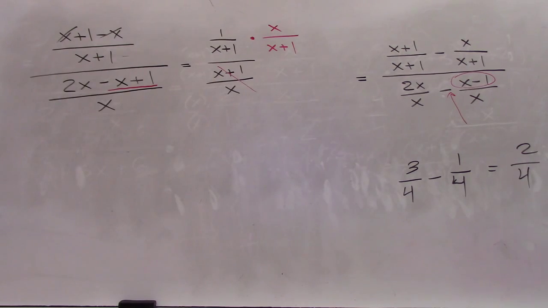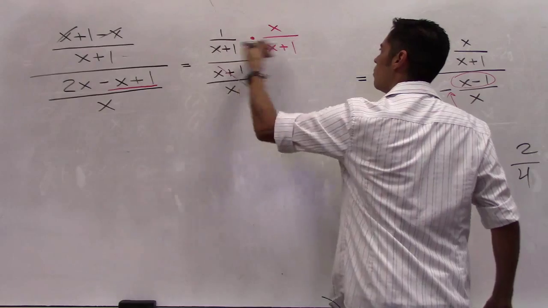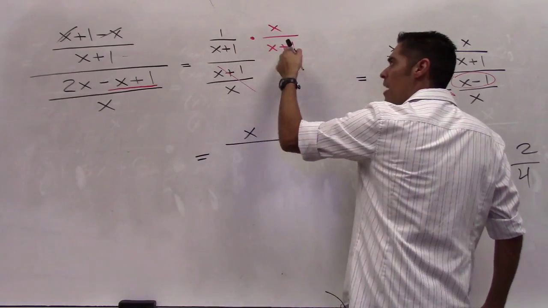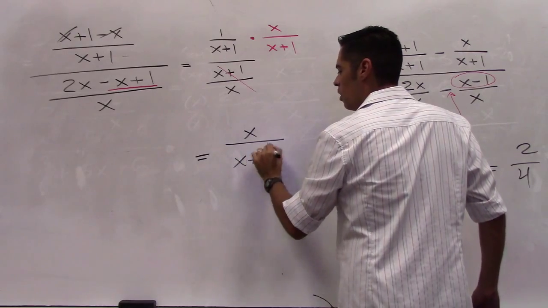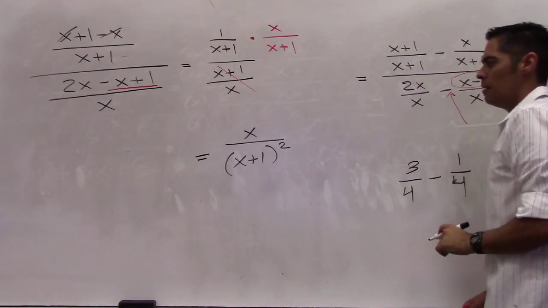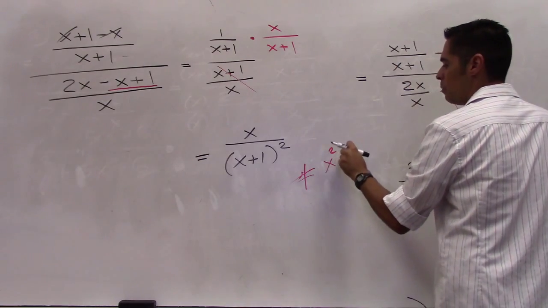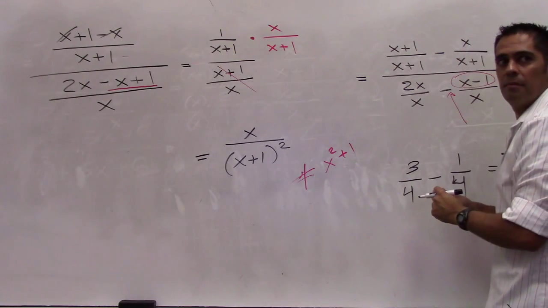And that's the answer we were looking for. Because if you just multiply straight across, you get an x on top, and then x plus 1 times x plus 1 is the same as x plus 1 squared. But it is not the same as x squared plus 1, right? That's not the same.